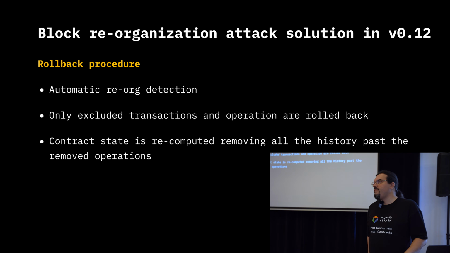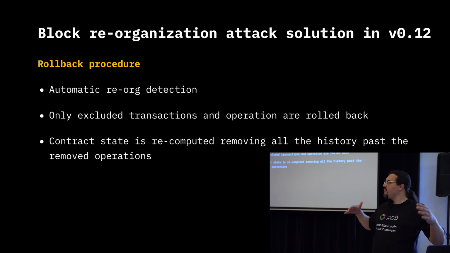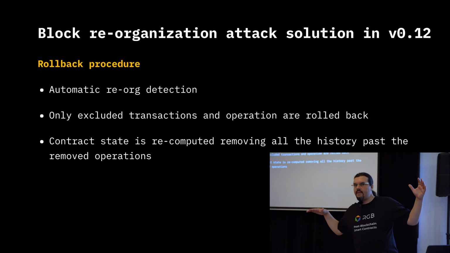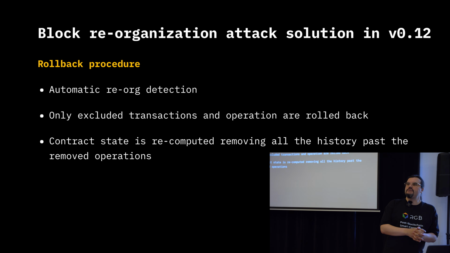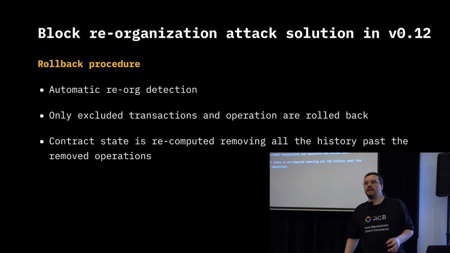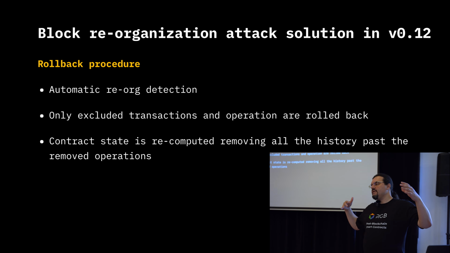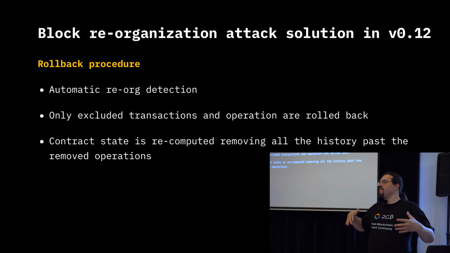One of the issues we found was a very advanced attack involving a Bitcoin block reorganization, because in RGB you break the Bitcoin transaction graph. You still put the commitment data into Bitcoin transactions, over the blockchain or the Lightning channel, but you can't force Bitcoin transactions to be ordered the same way as RGB operations.